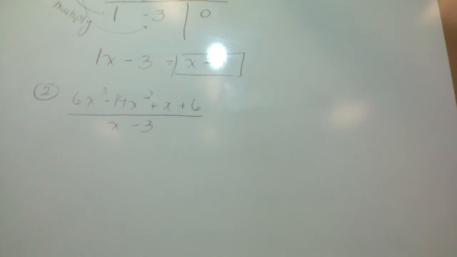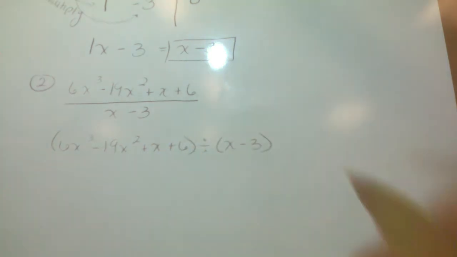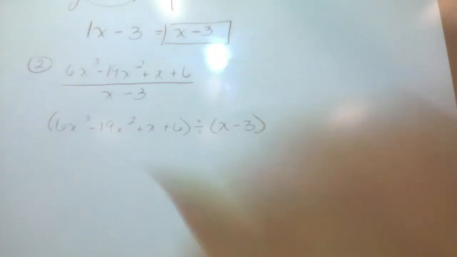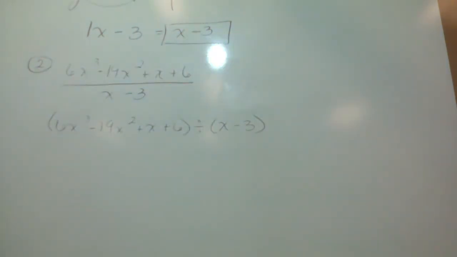Here I actually have a fraction. So I'm going to rewrite it as a division with the division symbol. So I'm going to have 6x cubed minus 19x squared plus x plus 6 divided by x minus 3.